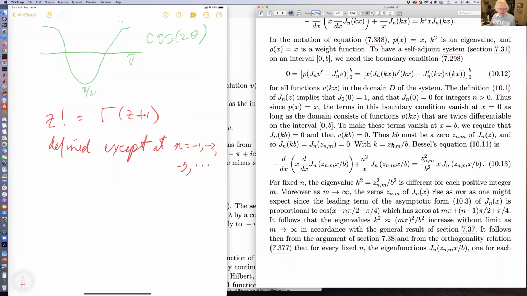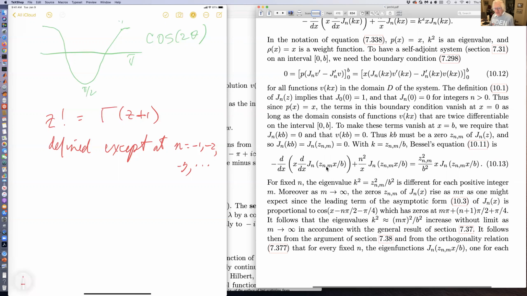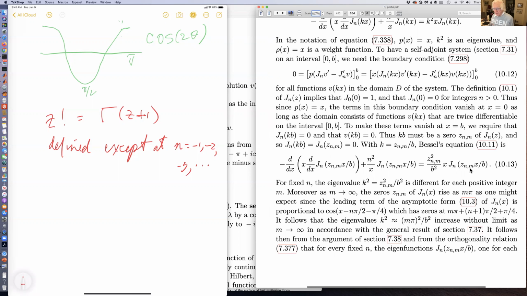And so these were the British state secrets in the Second World War. Anyway, in terms of them, Bessel's equation takes this form, where b is the physical end of the interval and z nm is the mth zero of the nth Bessel function. And so this is the equation that we have.